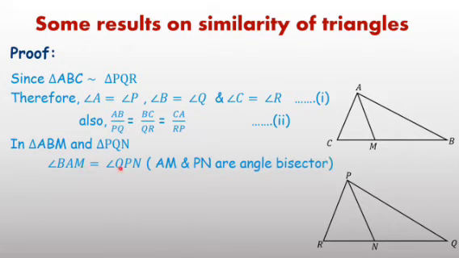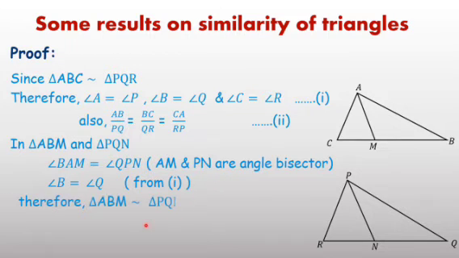Angle BAM equal to angle QPN, half angle. Because angle A equal to P, both angles are equal, means corresponding angles. Half of these two angles are also equal, therefore these two angles are equal, means it is known as bisector. Bisector means it divides angle A and P in equal parts. And B equal to Q, it is from equation first, given.